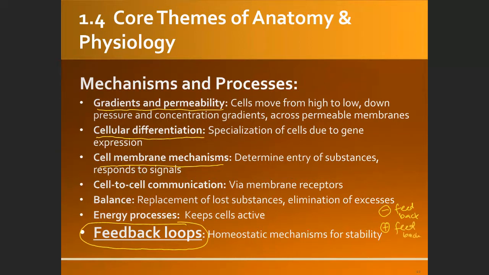Our body usually uses the negative feedback loop more than 90% of the time. So the negative feedback loop is the most important type of feedback loop in our body. And maybe we use about 10% in some conditions, using the positive feedback loops. We're going to talk about this later.